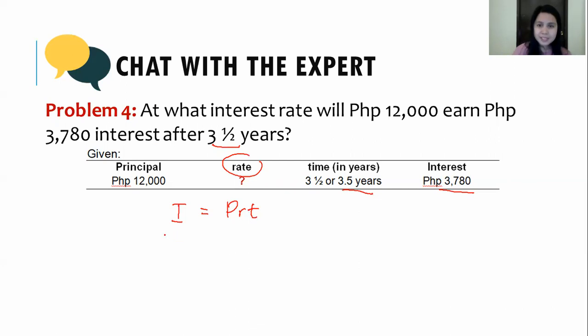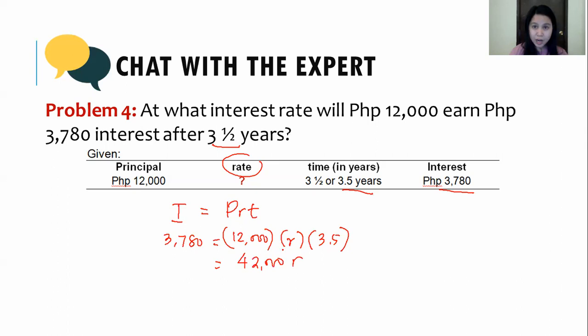So the interest is 3,780. Our principal is 12,000. Our rate is missing. You just write R. Our time is 3.5. Let's solve them. That's 12,000 times 3.5. That will be 42,000. R equals 3,780. You divide both sides by 42,000.